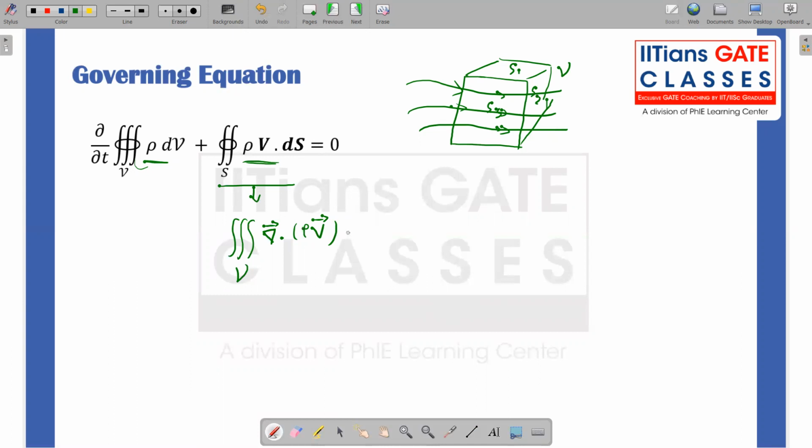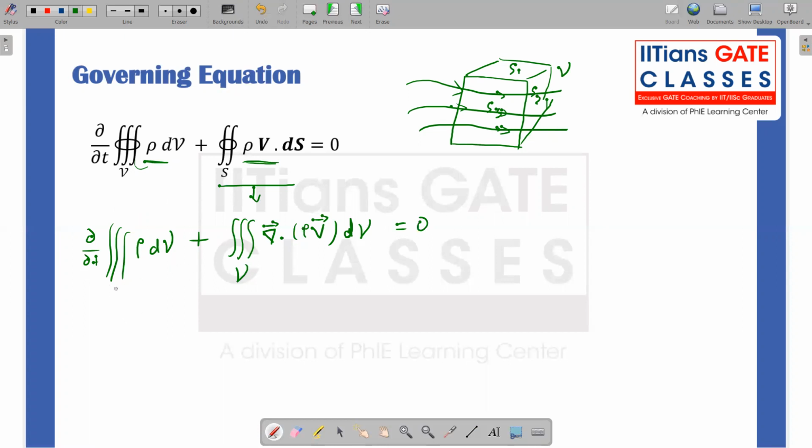So that becomes dV. If I club this with the already existing volume integral of rho dV, which is equal to 0, now both of the integrals are with respect to the infinitesimally small volume dV.